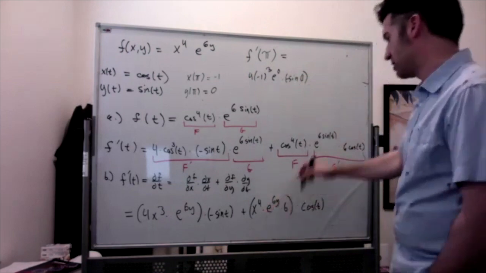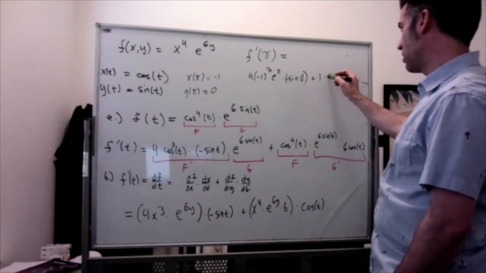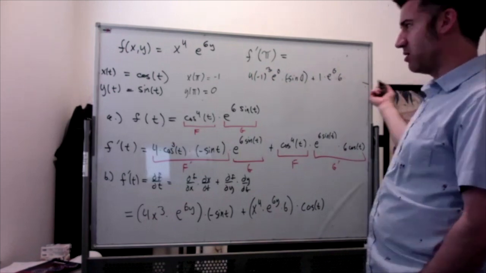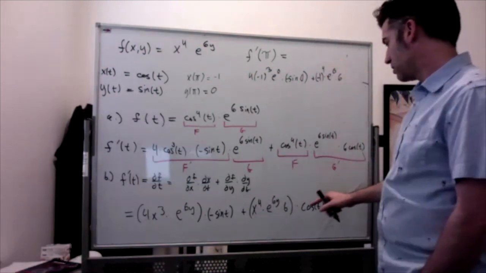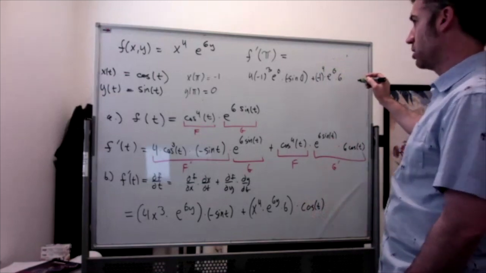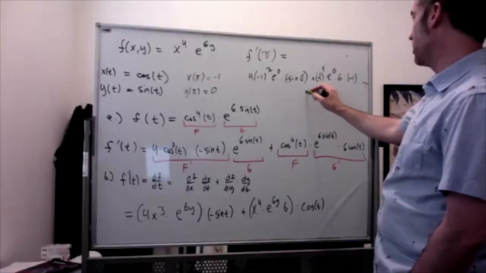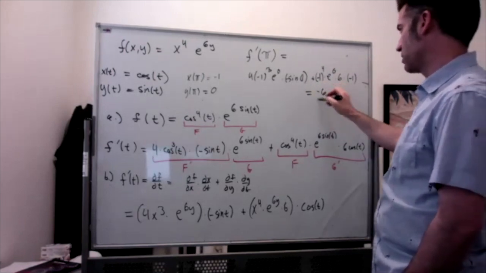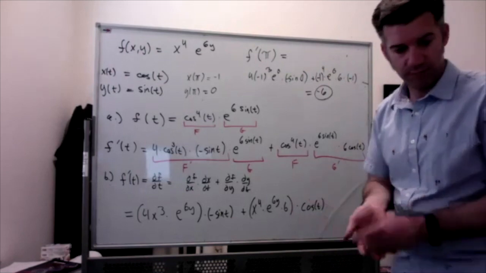And then I'd have plus -1 to the 4th, still going to be 1, times e to the 0 times 6 times cosine of pi, which is going to be -1. So then we would end up getting 1 times 1 times 6 times -1, which is -6. Okay.